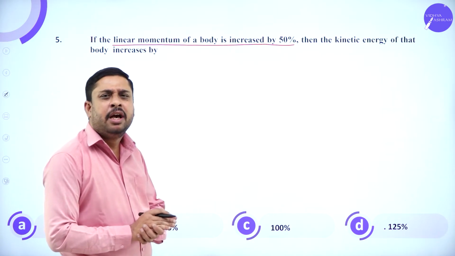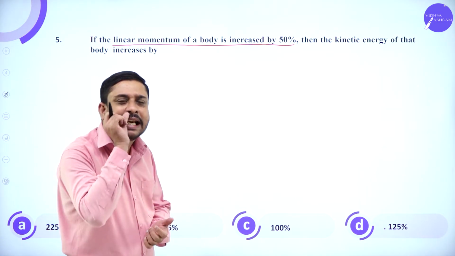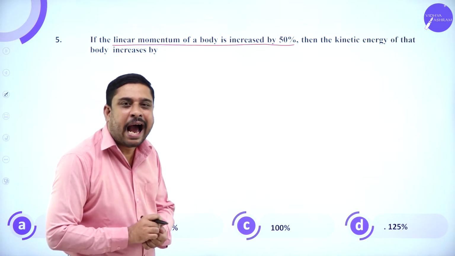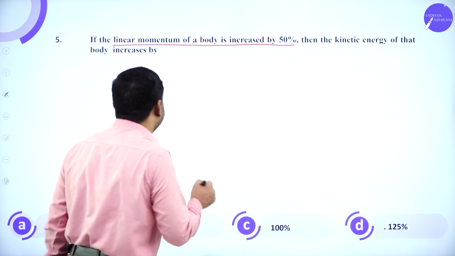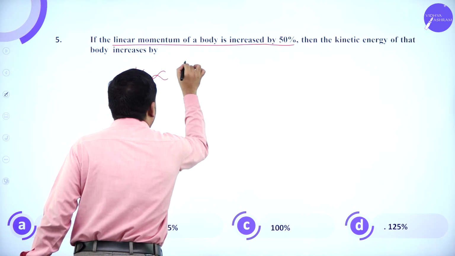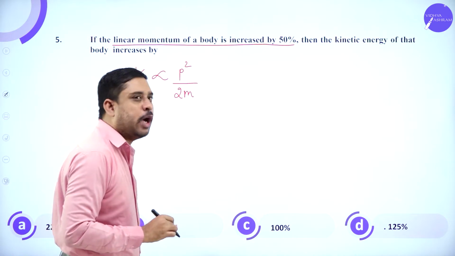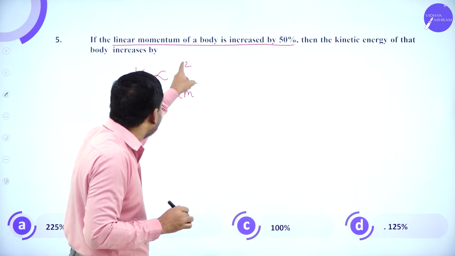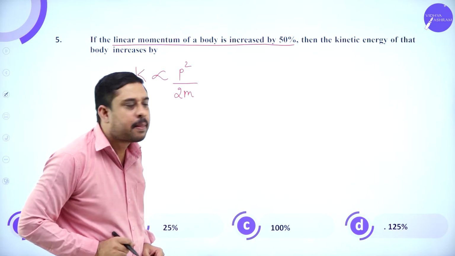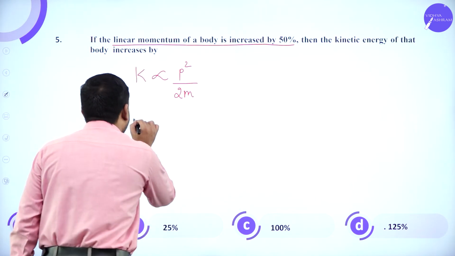As I have done in all my previous sessions, what is the relationship between kinetic energy and linear momentum? Very good. Kinetic energy is P square by 2m, where P is the linear momentum. In this case, the mass of the body is the same.